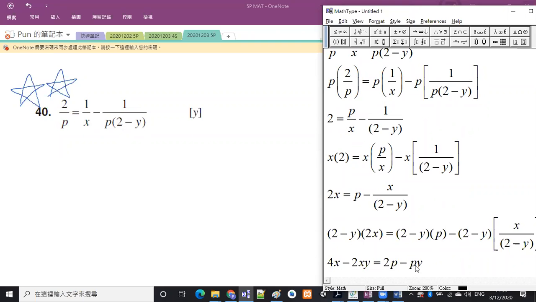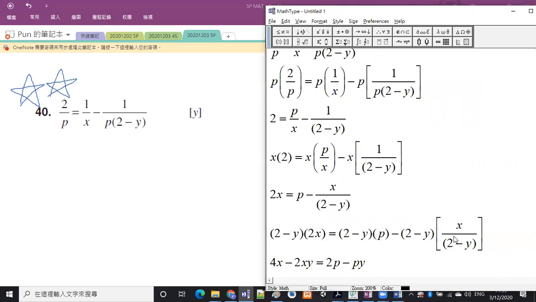Okay, and for the third one, can you see that the denominator will be cancelled by this 2 minus y? So what is remaining is just minus x. Okay, so can you see this? Can you see that from this step, we have finally successfully cancelled out all the denominators and expanded all the brackets.